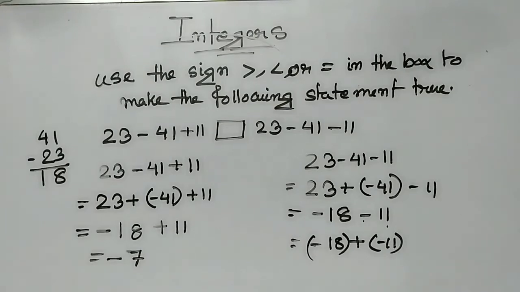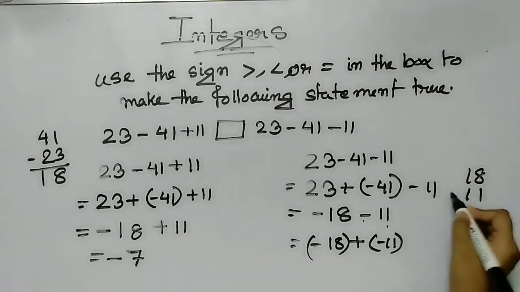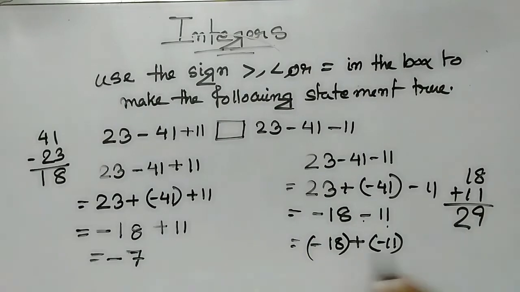Because they are in the same sign, we have to add these integers. That is 18 plus 11, and 18 plus 11 means 29. And what will be the sign? Obviously the sign will be minus, because these two integers have minus sign, that is minus 29.